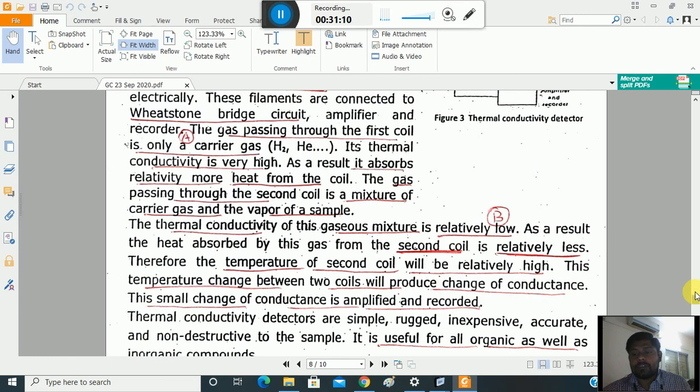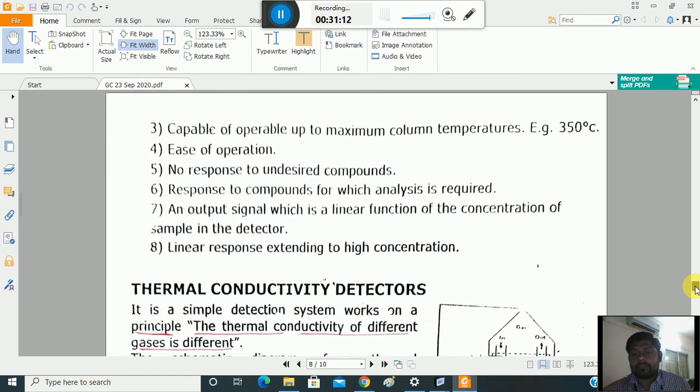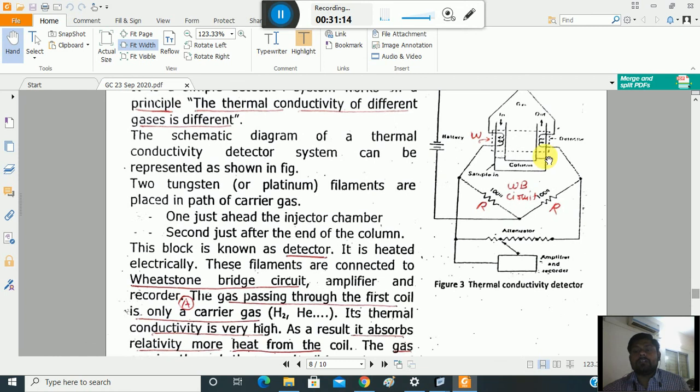I will explain that point here. We are talking about this. In the first case, only pure carrier gas is passing through the column. Suppose, for example, your coils are already set at 100 degrees Celsius.